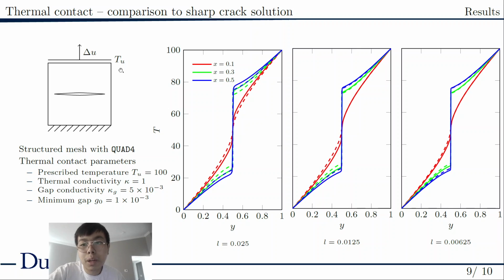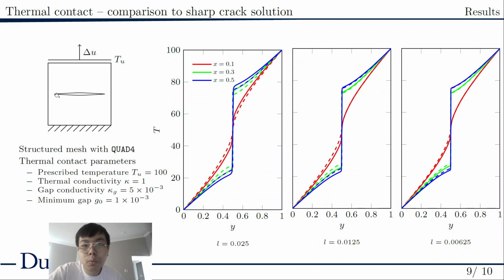We're also prescribing a temperature on top and bottom so that we have a temperature gradient. We measure the solution of temperature in the vertical direction at 3 different x locations.